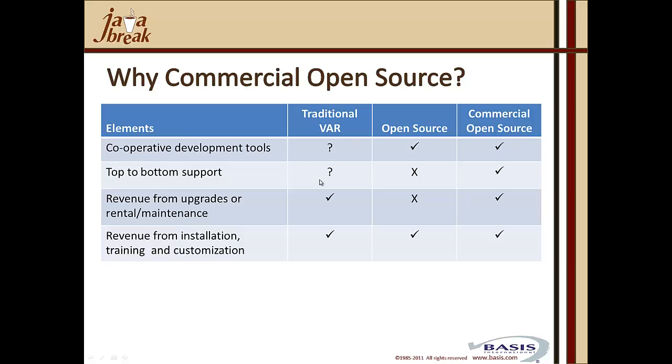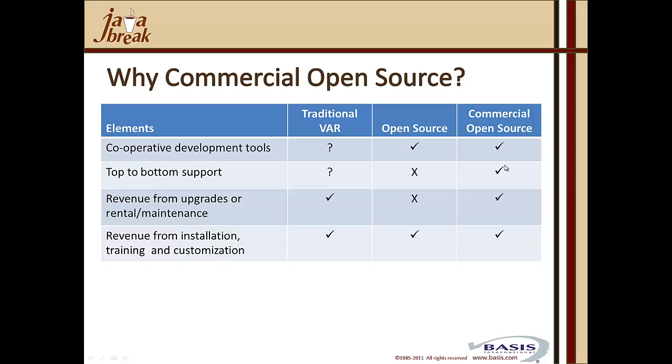Top to bottom support. Traditional VAR channel, not so much. Perhaps in the Microsoft world, you have a top to bottom approach, but there seem to be siloed efforts on that front. Open source, not really. You're going to need to weave in the various components of open source projects to make a fully sustainable solution. In our world, we provide that top-to-bottom approach.